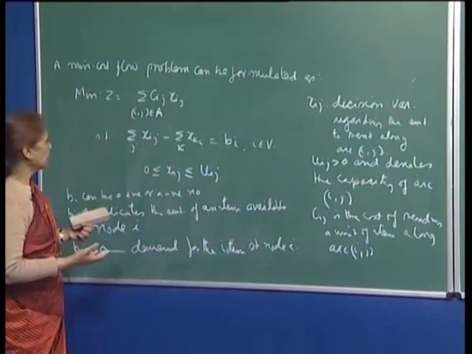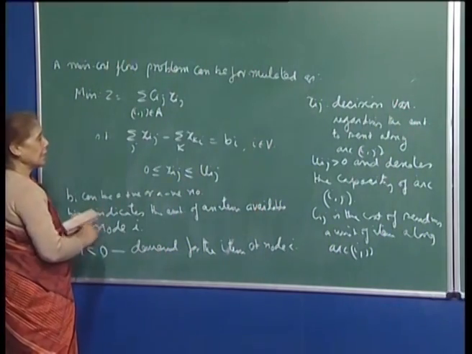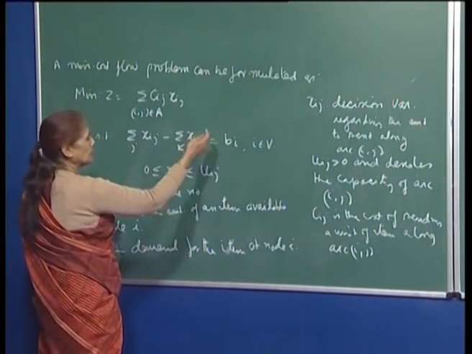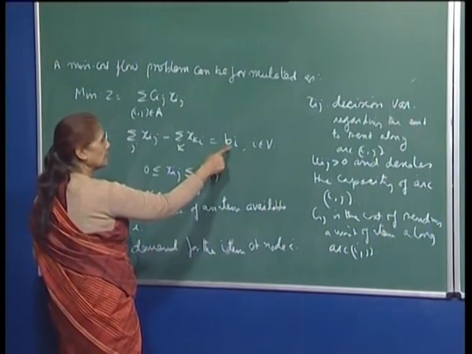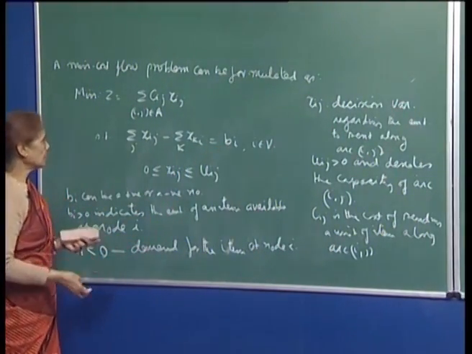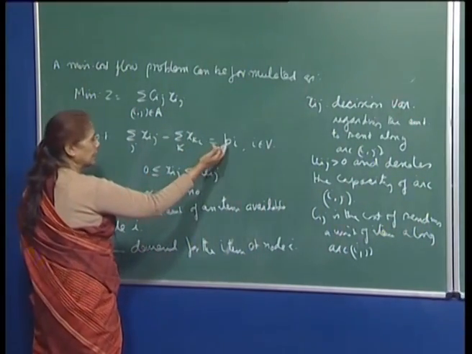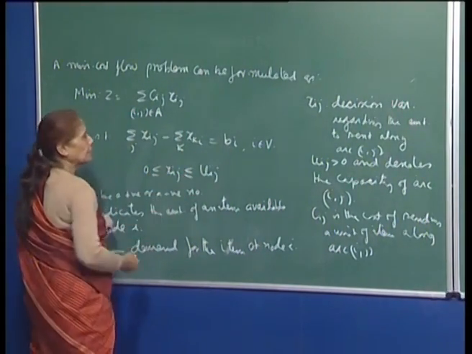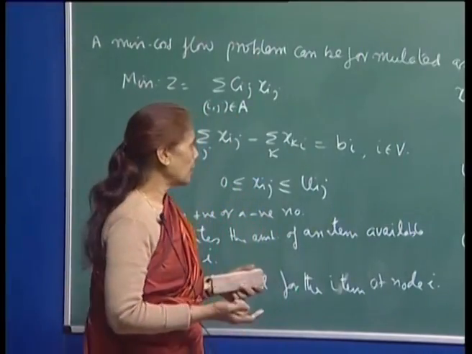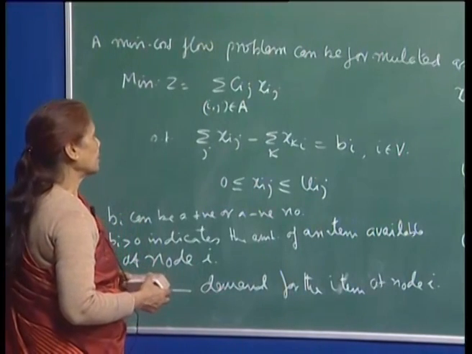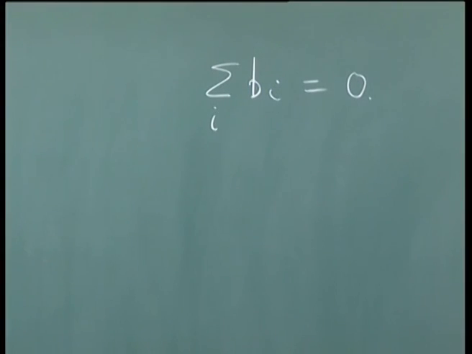We have already looked at the flow conservation concept, and here all it is saying is that from a particular node i, if bi is positive, then bi is the amount available at that node. Certainly you do not want to be sending more than the item available at a node, and similarly at a demand node you would want the required amount to be sent to that point. While formulating this min cost max flow problem, I had in the beginning not mentioned that sigma bi should be equal to 0.